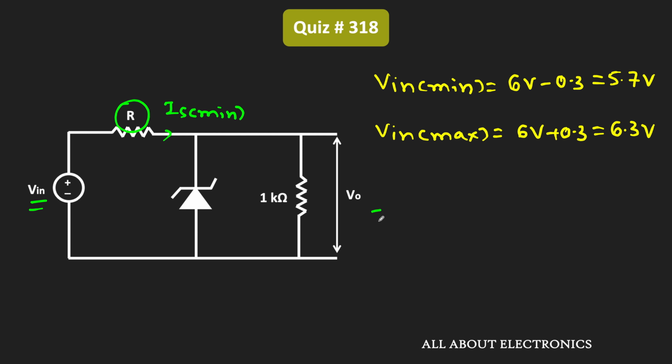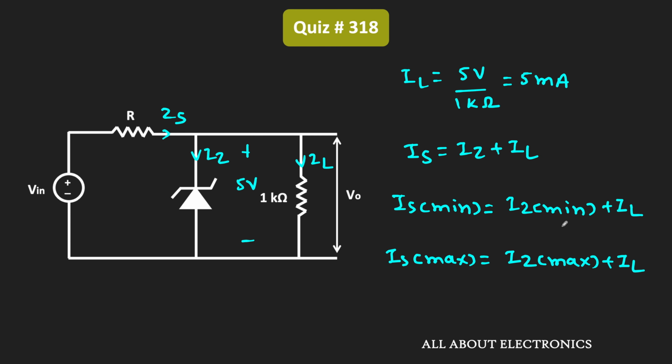So we can say that this Is minimum is equal to this V in minimum minus Vz, that is the voltage at this node, divided by R. Now here, this Iz minimum is equal to 2 milliampere while this IL is equal to 5 milliampere. That means Is minimum is equal to 2 milliampere plus 5 milliampere, that is equal to 7 milliampere.